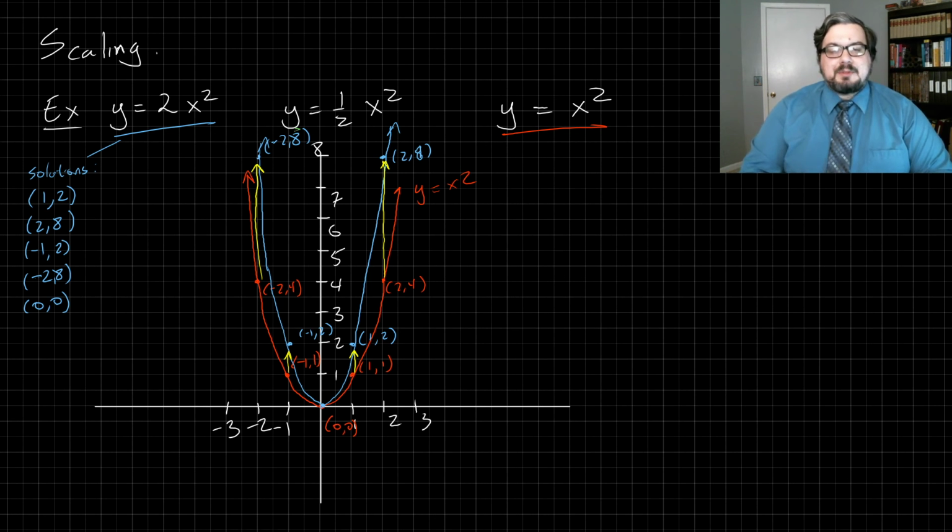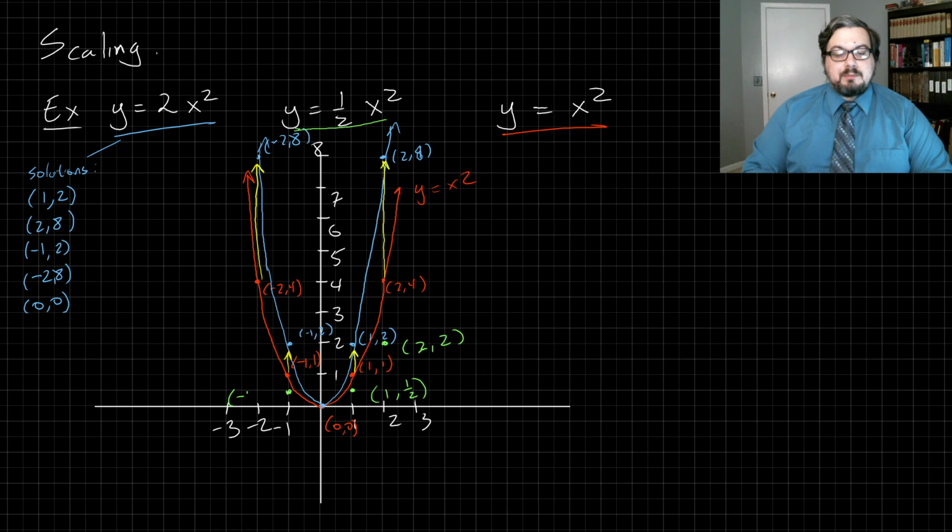So let's see what happens with y equals 1/2 x squared. Well, we can do the same sort of thing. For any point that is a solution to the graph of y equals x squared, if we just change the y value to half of what it was before, we will get a solution to the equation y equals 1/2 x squared.